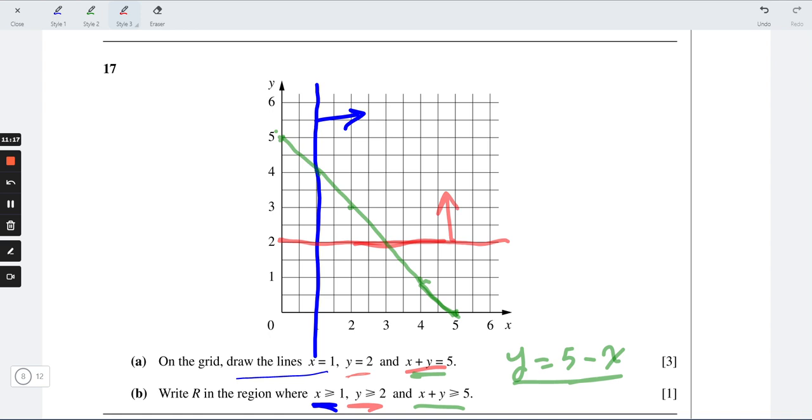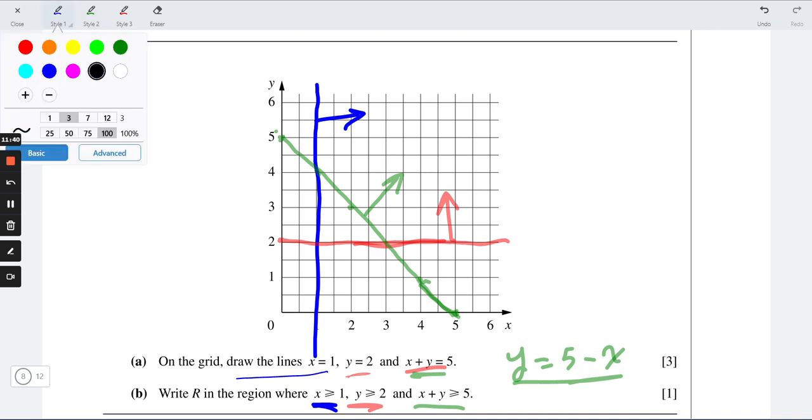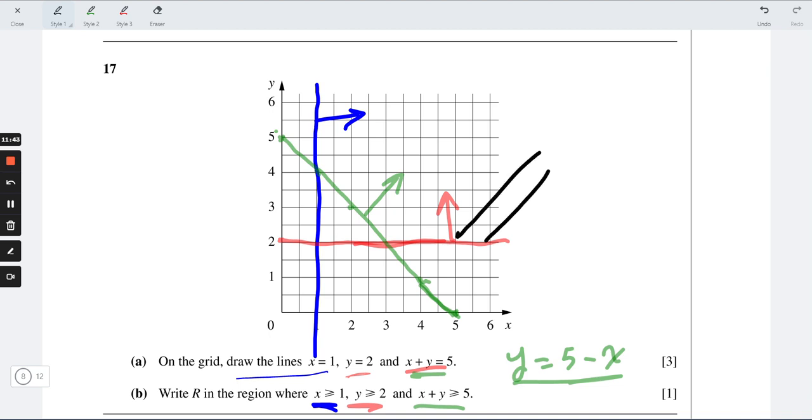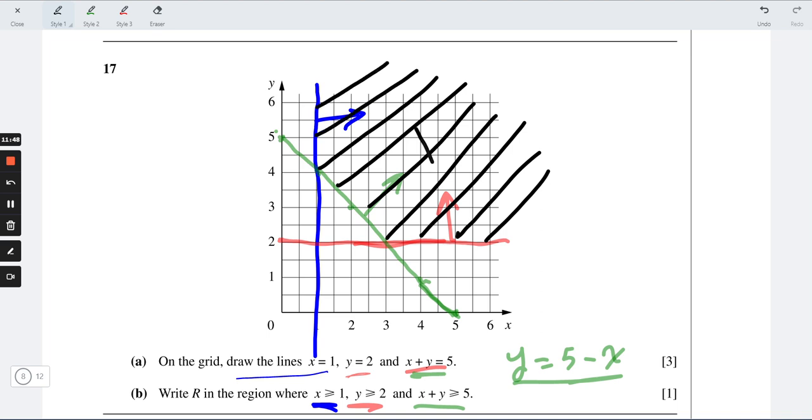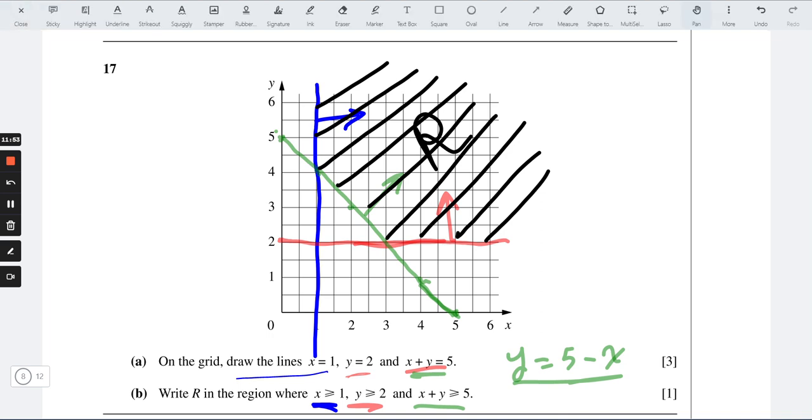At the same time, each of these inequalities has an equal sign, so we cannot draw dotted lines, we draw solid lines. For x plus y greater than or equal to 5, this is the green one, which is here, and everything will be above it. So this is our region here. This is the region that they need, to solve this system of inequalities.